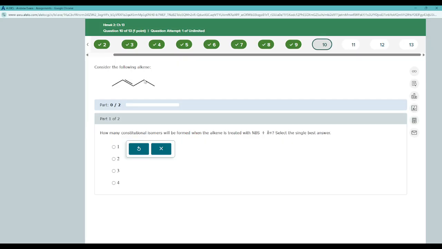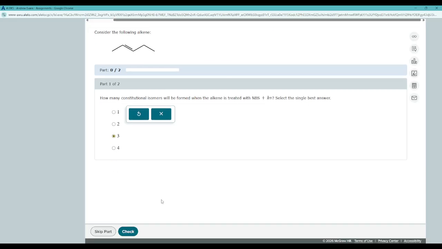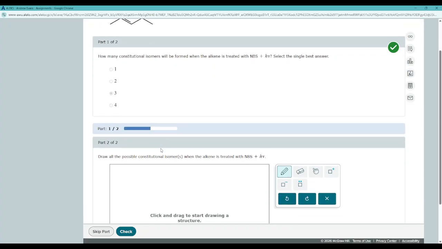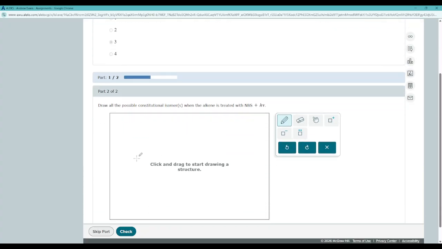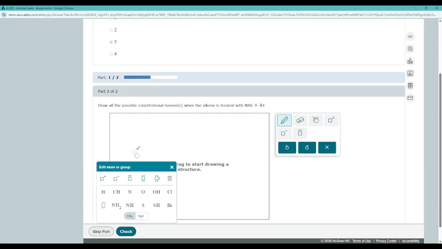You have one right here, but this one will be chiral. So I'm going to go with 3. Draw all possible constitutional isomers.